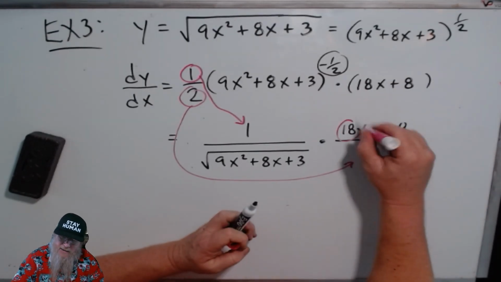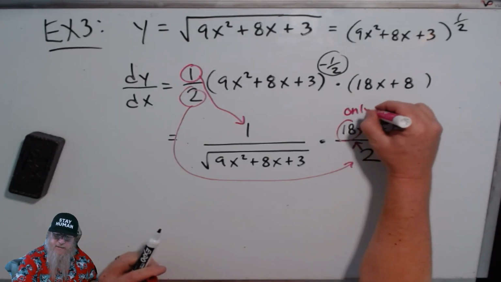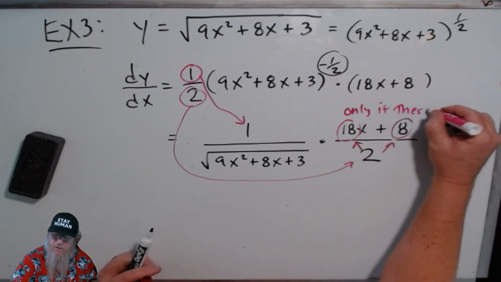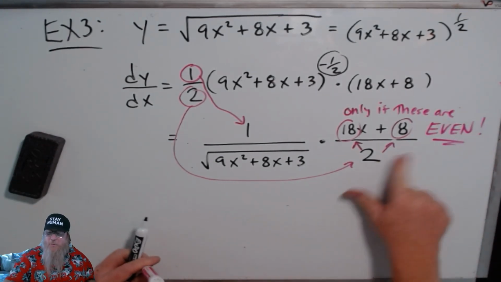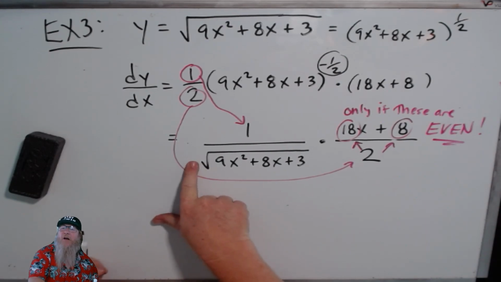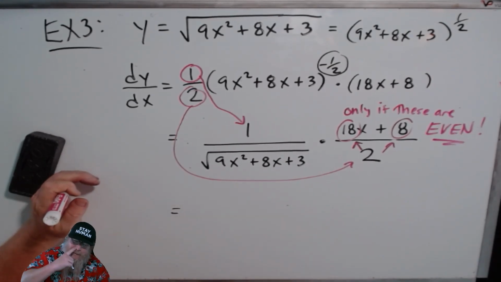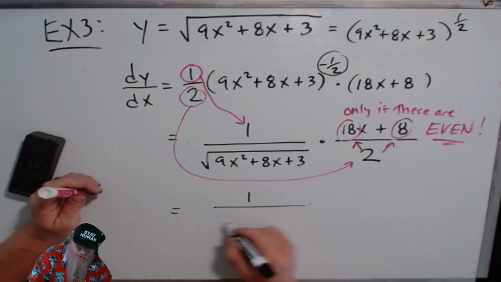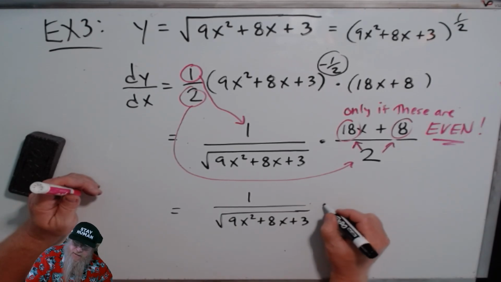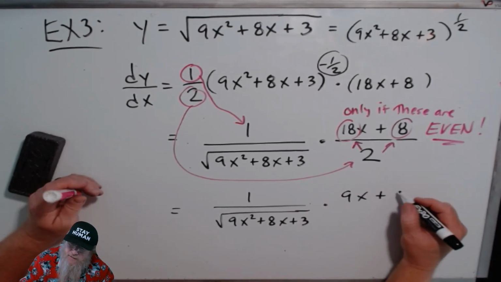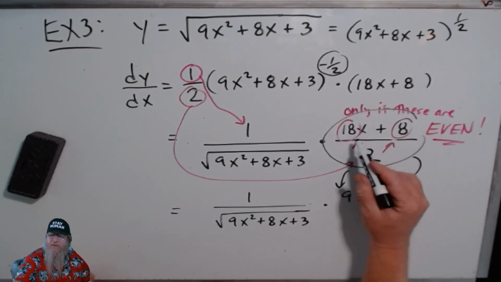I'm going to divide both of these terms by 2. I only do this if these terms are both even. If those terms were not even, then I would have just left the 2 right out here in front. But whenever possible, I like to divide to make my final answer a little easier. So I've got 1 over the square root of 9x squared plus 8x plus 3 times 9x plus 4.